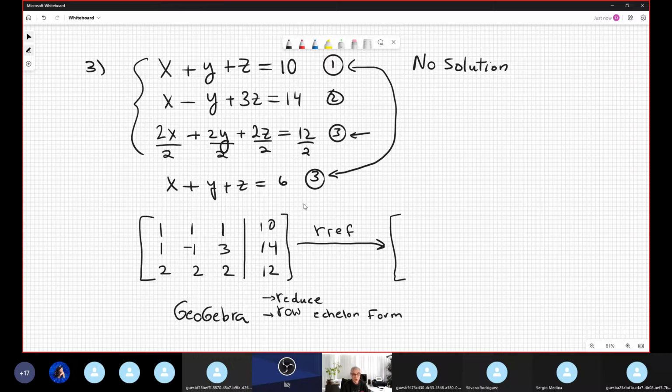Let's do it. How? I go to GeoGebra. Let me share the screen. Okay, we use it to apply Cramer's rule. Okay, here, over there. Cool. Do you see GeoGebra?